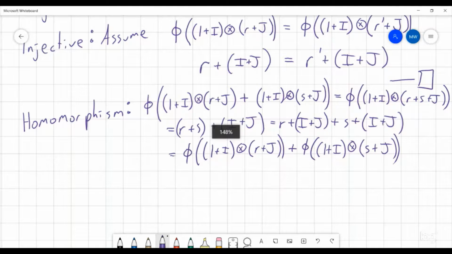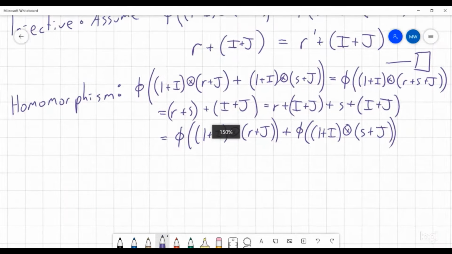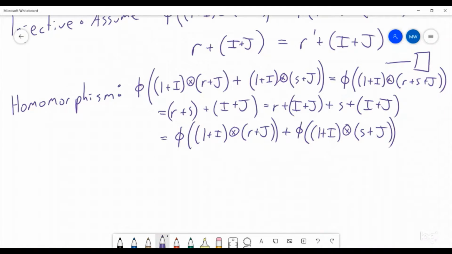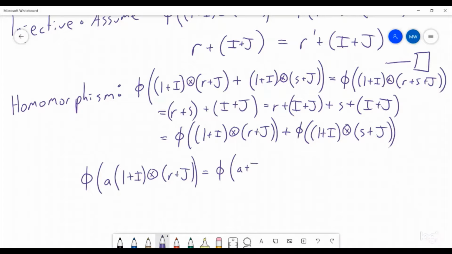Okay. Last one is for the multiplication. So let's look at phi of, and again, if this is true over simple tensors, it'll be true over all tensors. So phi of a times 1 plus I tensored with r plus j. This is equal to phi of a plus I tensored with r plus j.